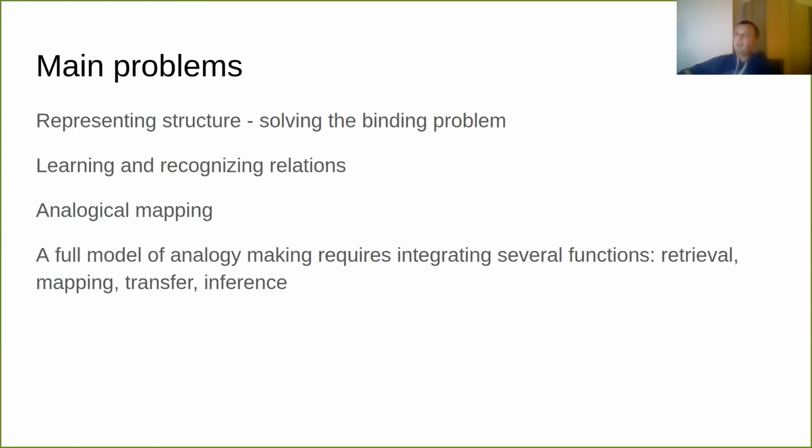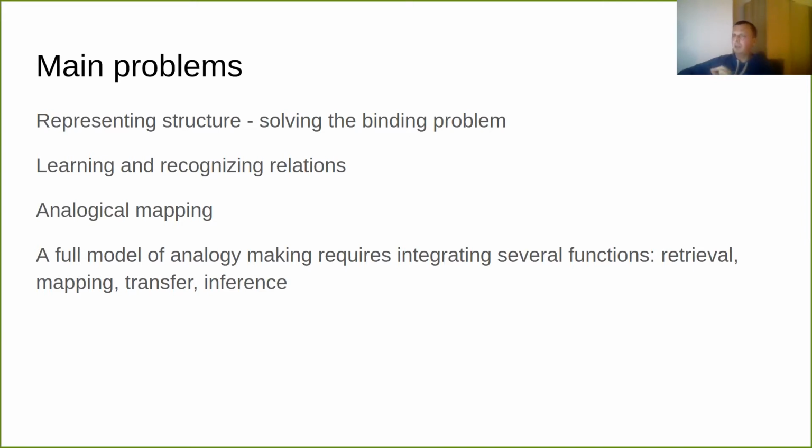And last but not least, a complete model of analogy making actually requires integrating several distinct functions, such as retrieval, mapping, transfer, and inference. It's perhaps not possible to have a single connectionist model of all these processes.